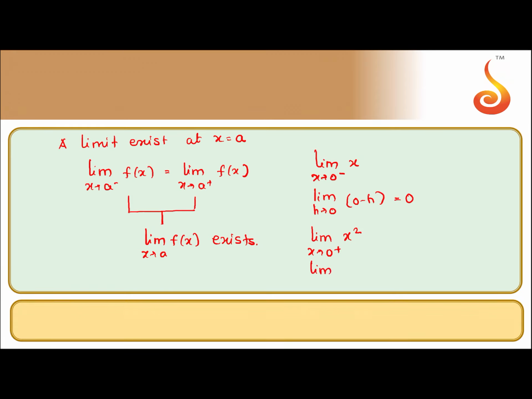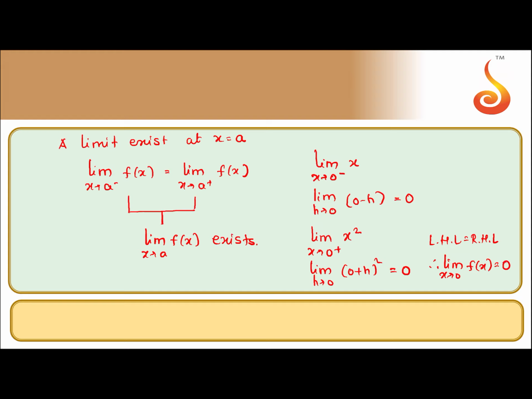So this can be written as limit h tending to 0, 0 plus h whole square is equal to 0. So clearly we see left hand limit is equal to right hand limit. Therefore, limit x tending to 0 f of x is equal to 0.